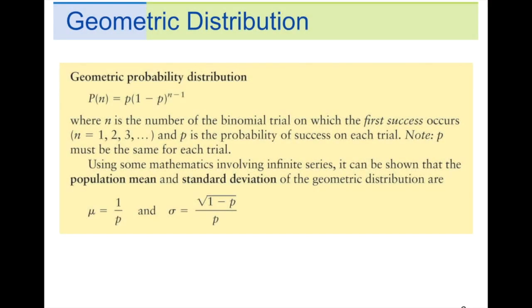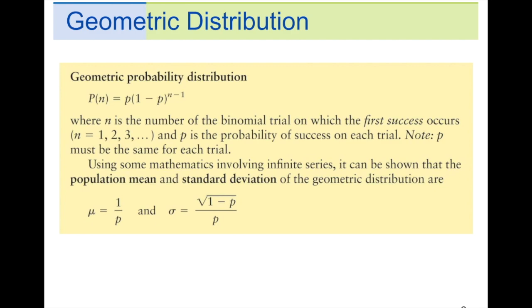So the formula for the geometric probability distribution is probability of n is equal to p times 1 minus p to the n minus 1. Remember, p being the probability of a success, and n being the number on which we get our first success. p must be the same for each trial, though.